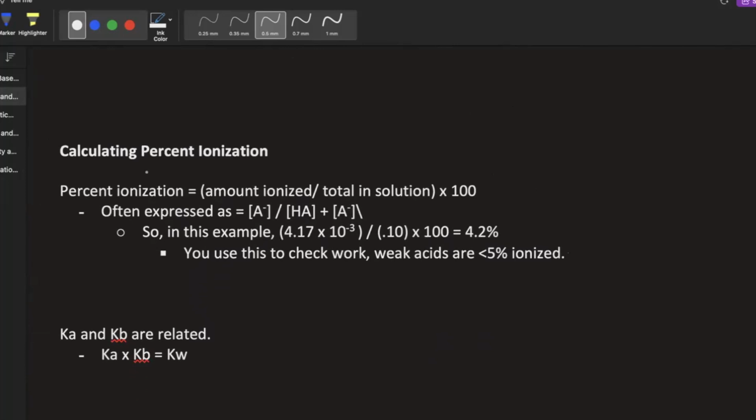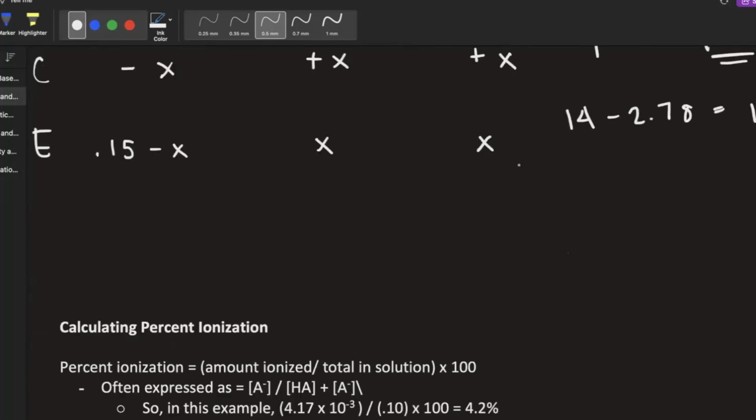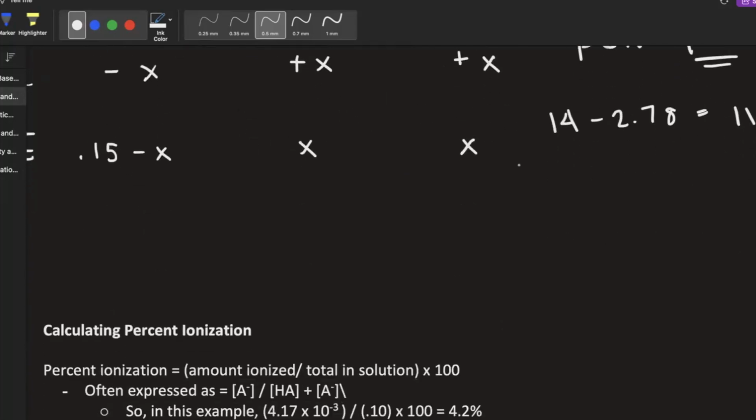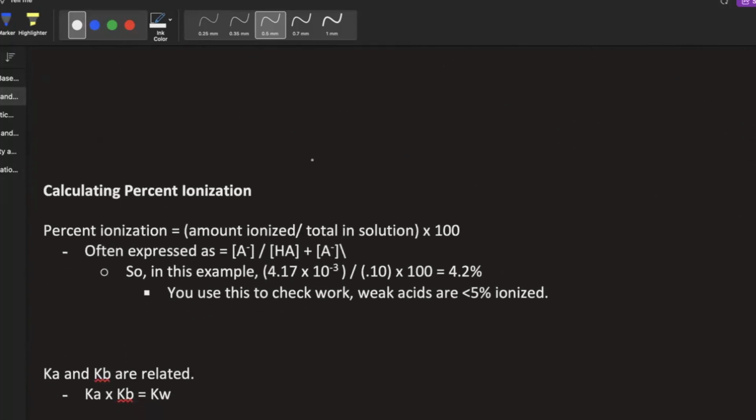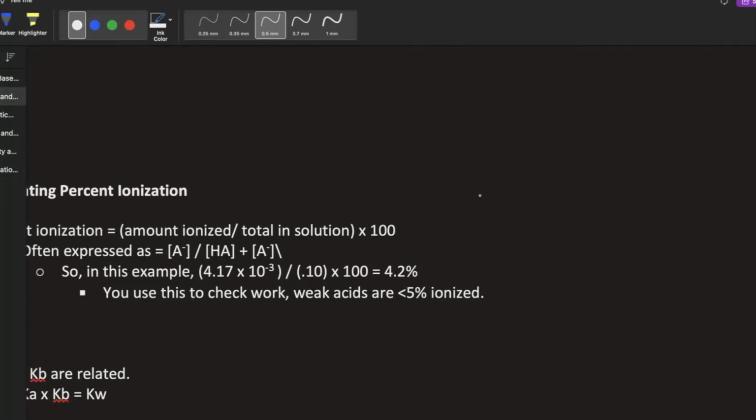Next, we're going to look at calculating percent ionization. This is a way to check the work that we did above. So percent ionization is equal to the amount ionized divided by total in solution times 100. So say we have 4.17 times 10 to the negative third.